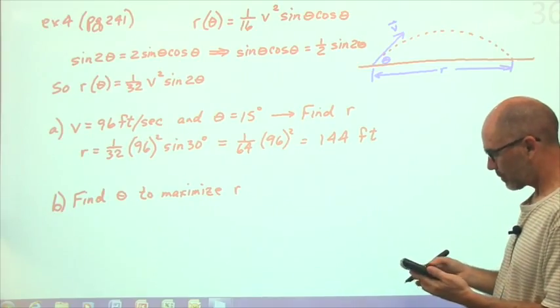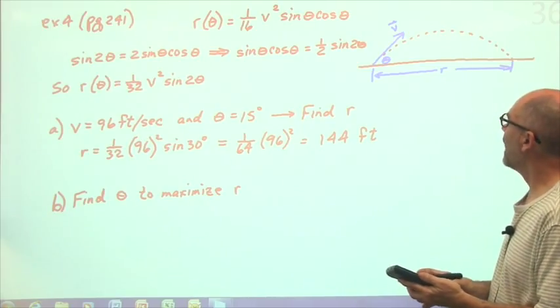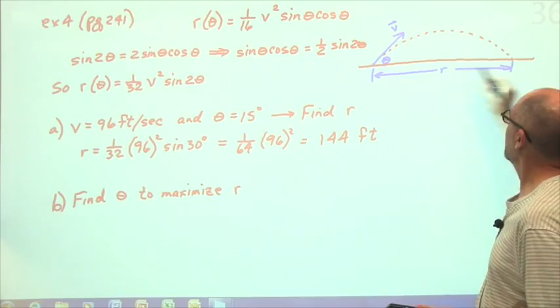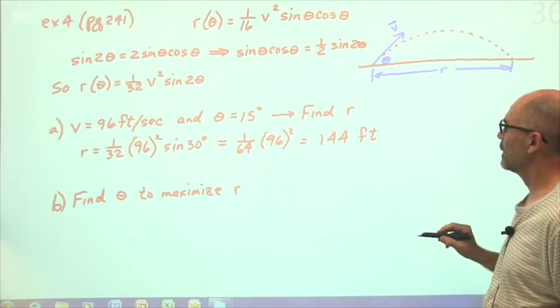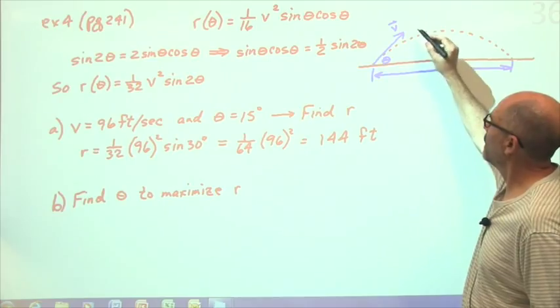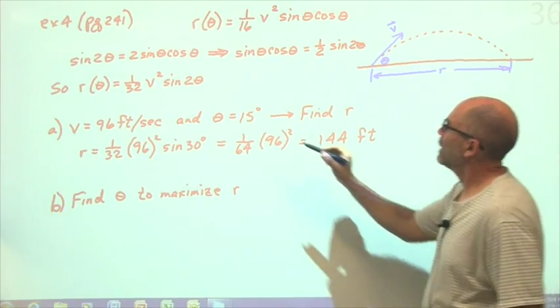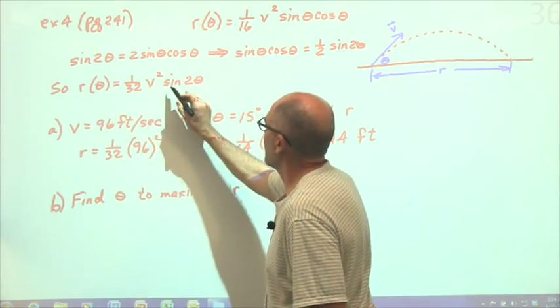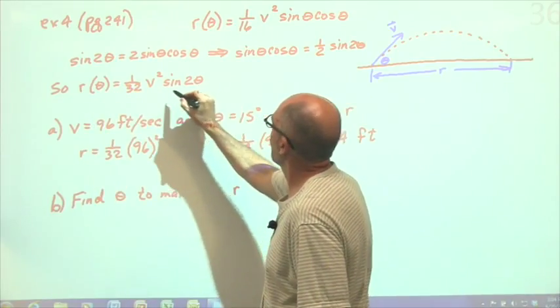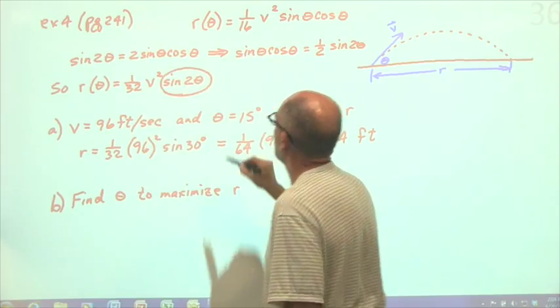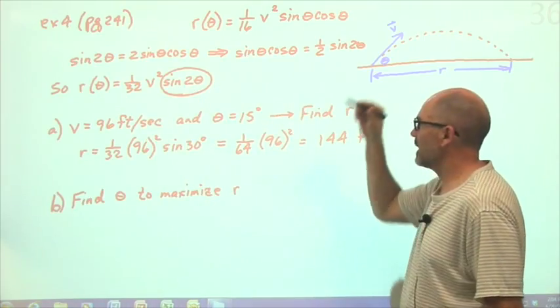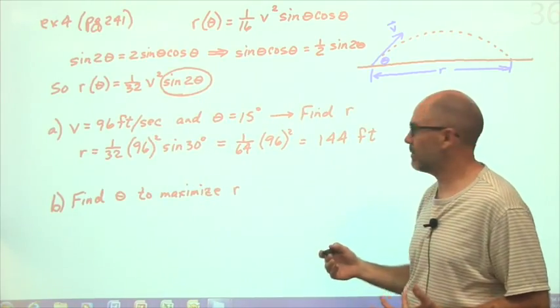Now, if we want to maximize the range that this is going to travel, we want to find out what the angle is here. So, in order to maximize the range, what we want for theta is for sine 2 theta to be the biggest value it can be.